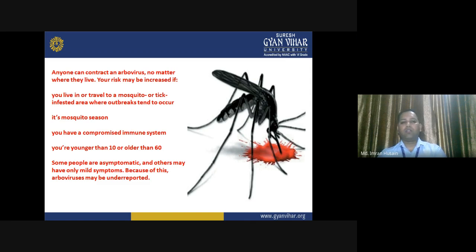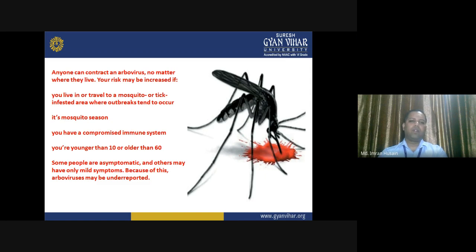It is also very important if you are younger than 10 or older than 60, especially individuals with immunocompromising diseases. Those younger than 10 are still developing a fully capable immune system, and those older than 60, the senior citizens, have an immune system that is getting weaker day by day. So both these types of individuals have an immunocompromised condition.